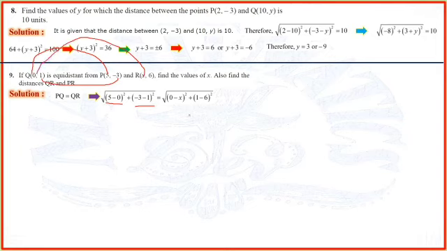The square root of (x minus 0) whole square, or 0 minus x, whatever it is, and then again (1 minus 6) whole square. So square and square root will be cancelling later. We will be cancelling these two. 5 minus 0 gives 5 square, and minus 3 minus 1 is minus 4 whole square. Then (0 minus x) whole square plus (1 minus 6), which is minus 5, whole square.